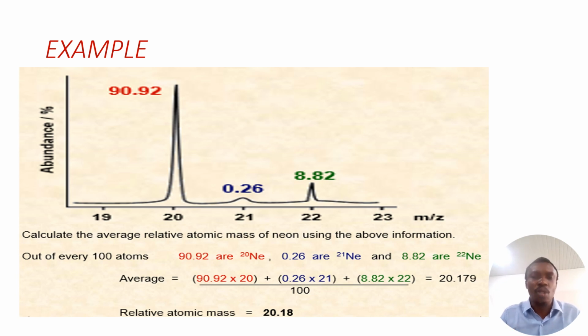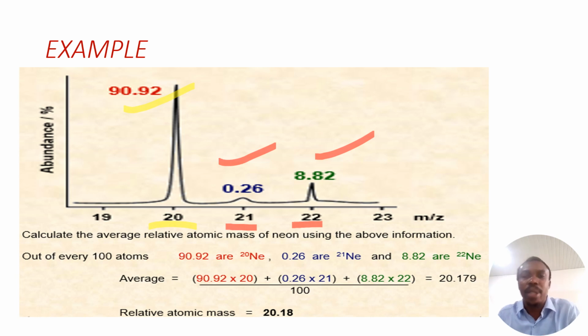You can see that it contains 3 isotopes of neon: neon-20 with abundance 90.92, neon-21 with an abundance of 0.26, and neon-22 with an abundance of 8.82.